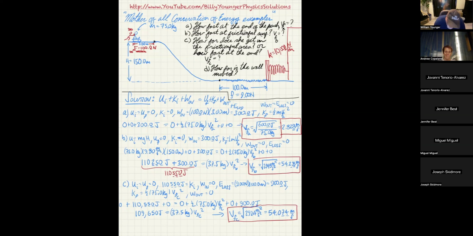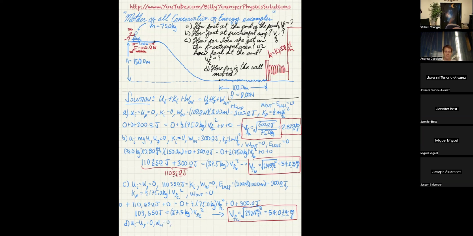So I'm going to start off again with the conservation of energy starting just before she hit the wall. So for D, I'm going to get UI equals UF is equal to 0. I'm going to get that the work in is 0.